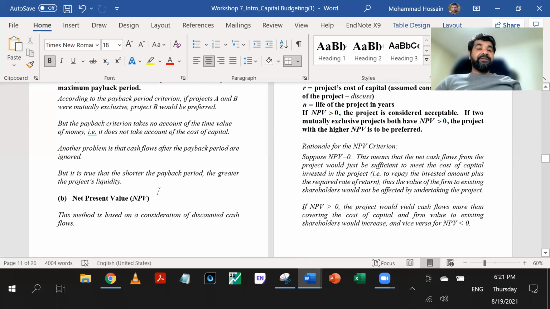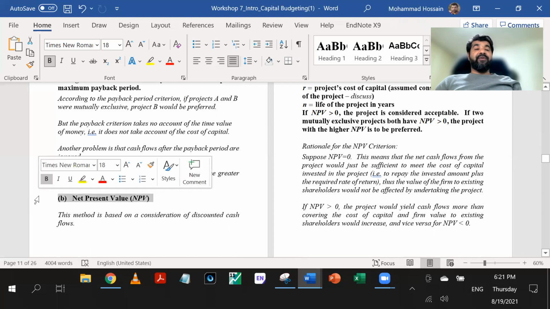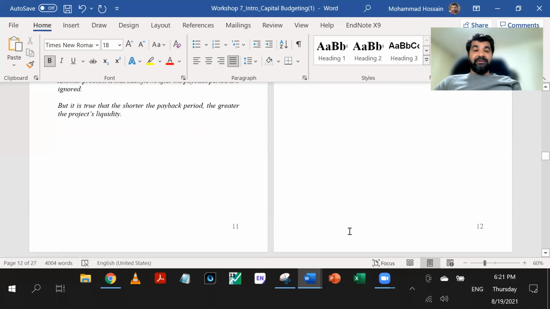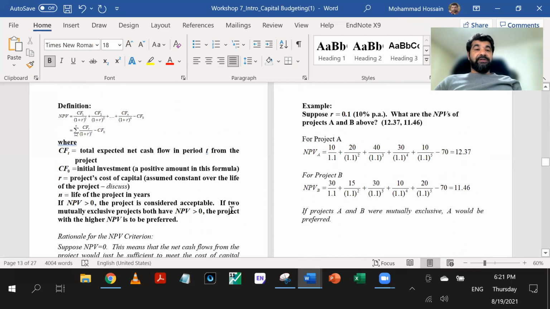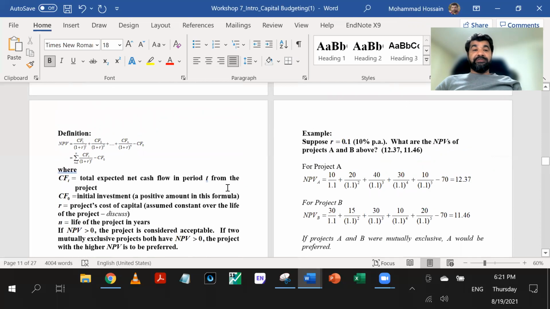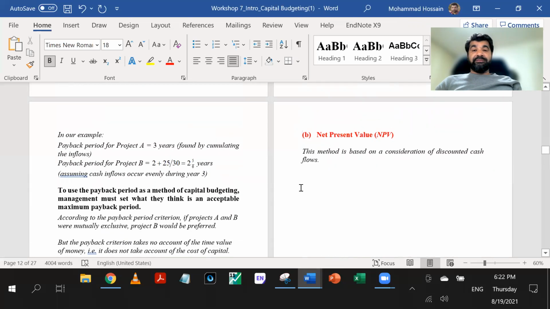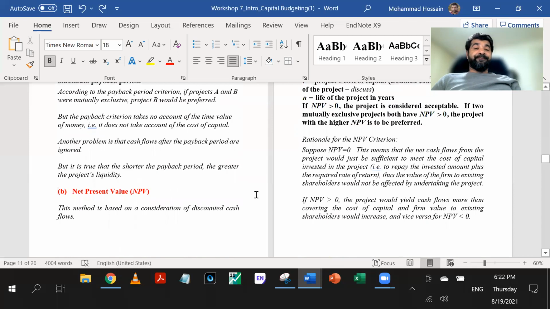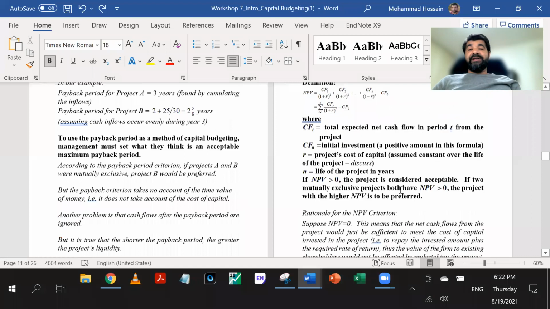Next is net present value. Very important. We'll talk about this one now. This method is based on discounted cash flows.